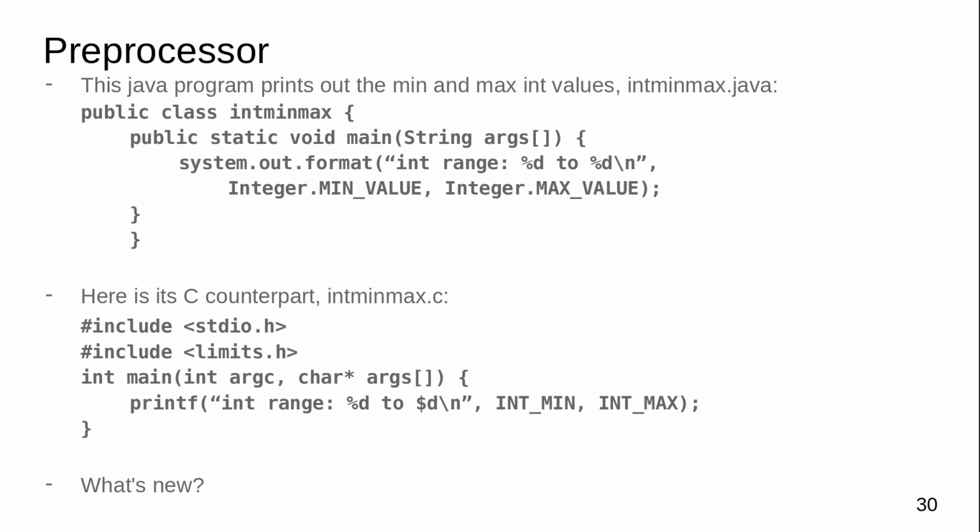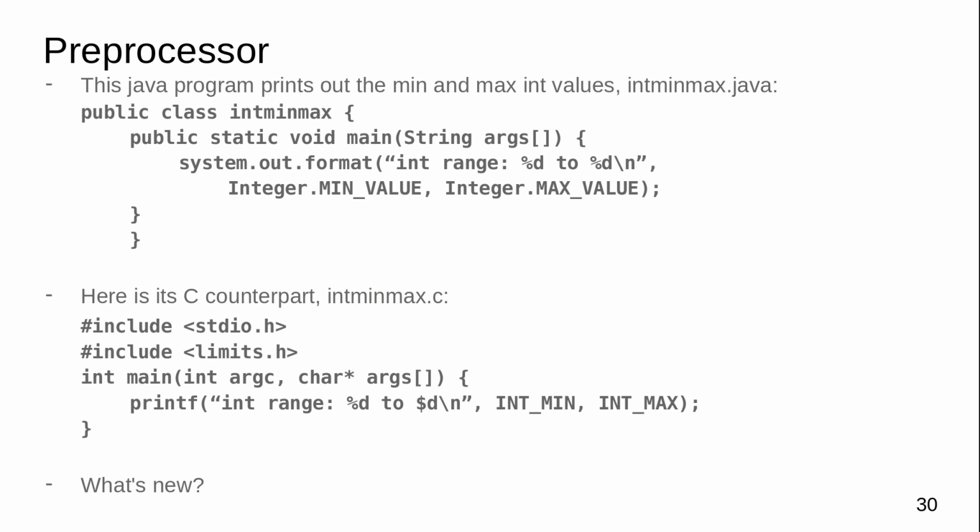This Java program prints out the min and max int values, and it's called int_min_max.java. In all these programs that we're looking at, I mentioned yesterday, there's that folder called lecture in our class directory, and all these programs will be in there. Here we have a Java program that's just printing out the maximum integer value and the minimum integer value.